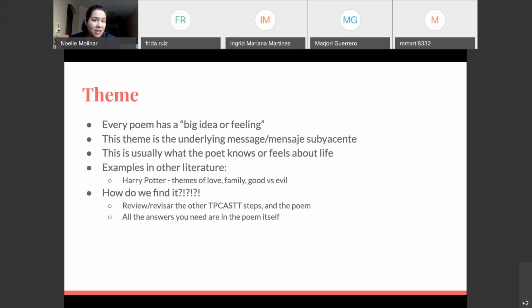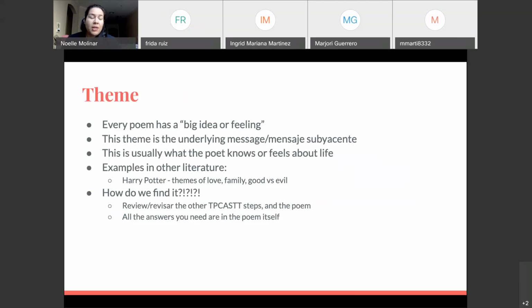So how do we find the theme? We think, okay, we did all this work, now what? You can go over your steps again. And maybe now is the time where you feel you have enough information to write your paraphrase. I mentioned yesterday that sometimes writing a paraphrase is really hard because we're not ready for it. We only read the poem one time, perhaps, and we have not put an analysis about the image, repetition, attitude, all of those connotation elements.